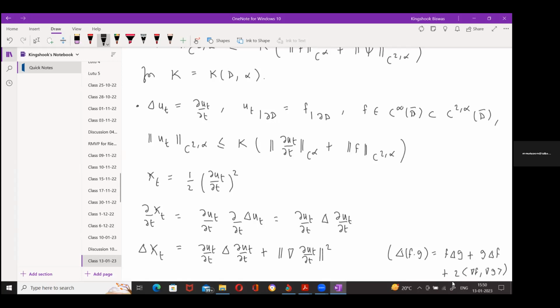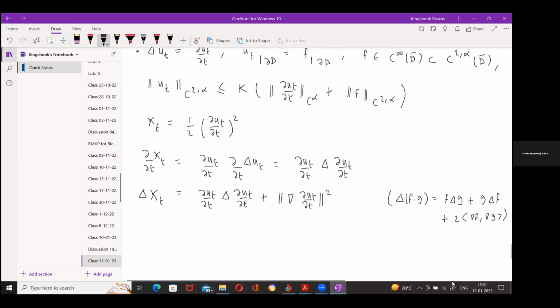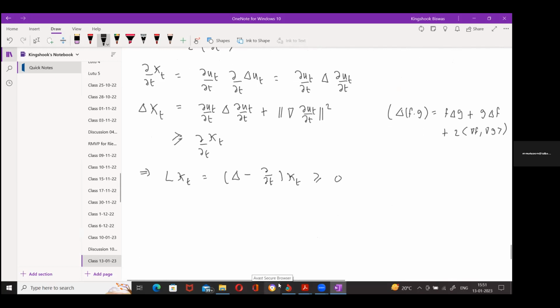Okay, so this first term is del_t of kappa_t, plus something positive. So this is greater than or equal to del_t of kappa_t, right? So that implies that L of kappa_t, that is the Laplacian minus del_t of kappa_t, is greater than or equal to 0, right? So therefore, I can apply the parabolic maximum principle for the heat equation.